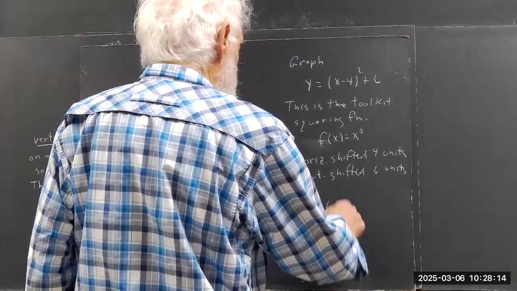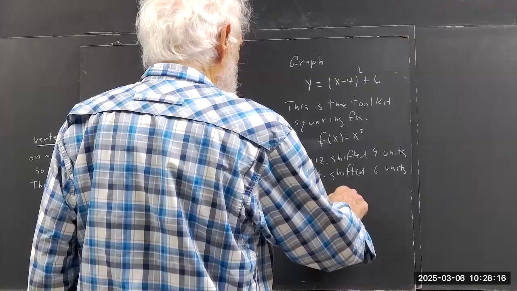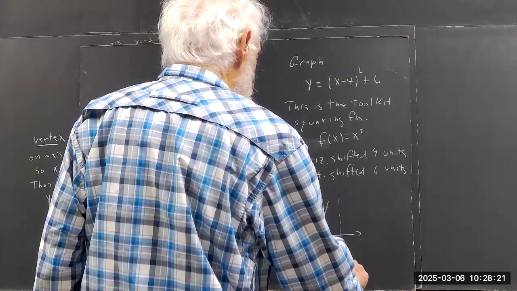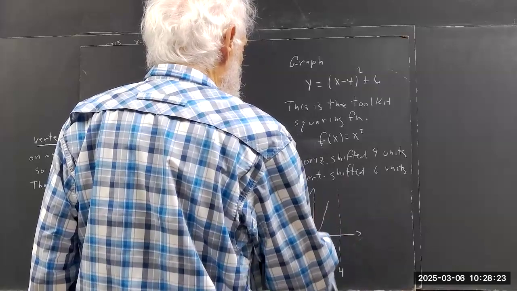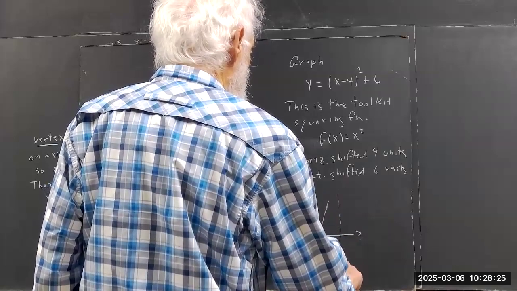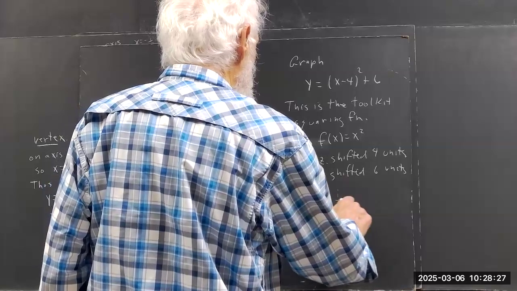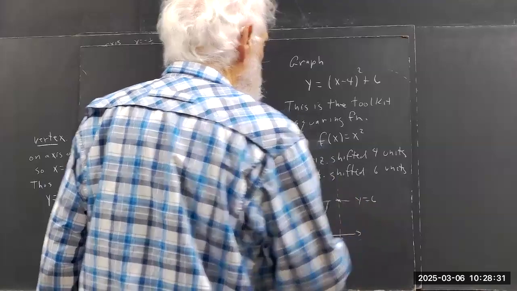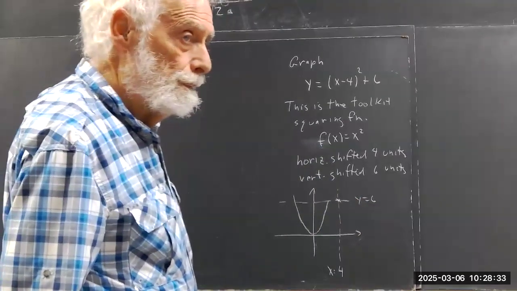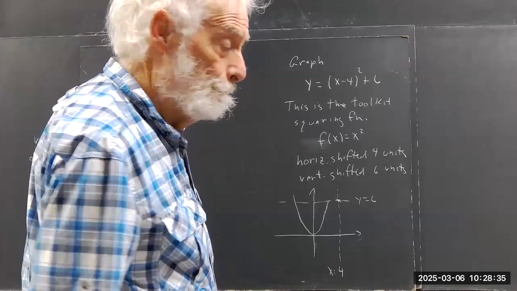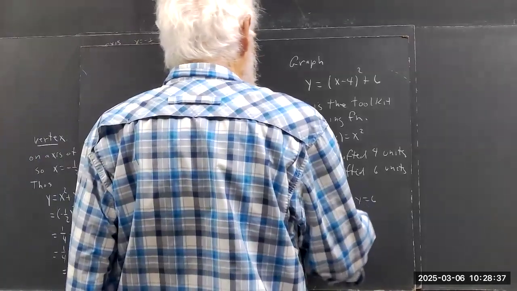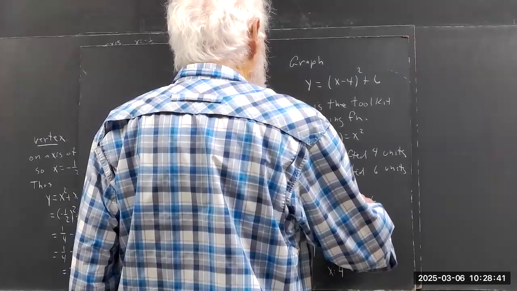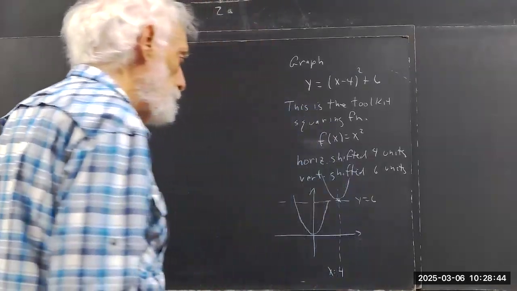So we're not going to be real specific here, just indicate at x equals 4, y equals 6, we got a vertex. Okay. And the graph is going to look just like this one. Since we don't have a vertical stretch, it's going to be like this.